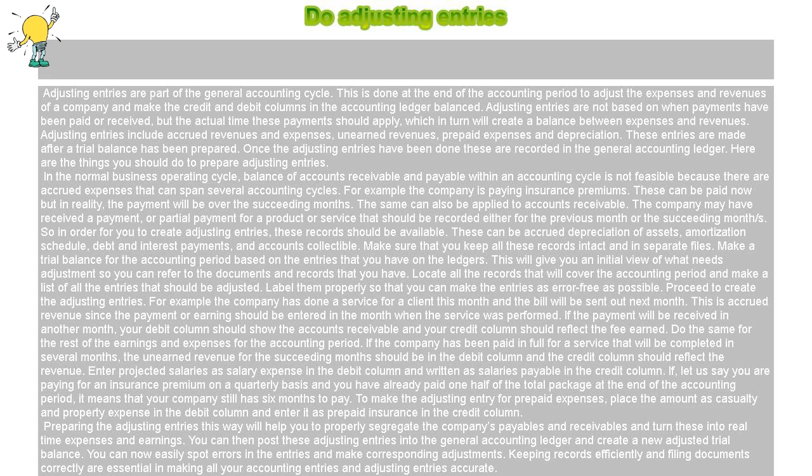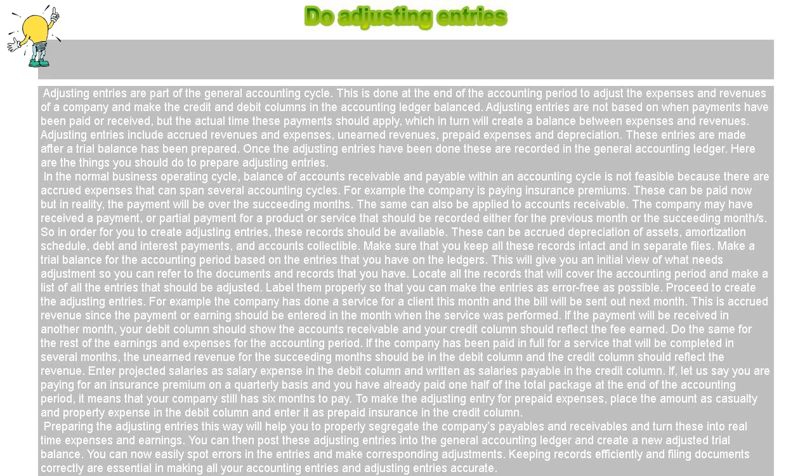Adjusting entries include accrued revenues and expenses, unearned revenues, prepaid expenses, and depreciation. These entries are made after a trial balance has been prepared. Once the adjusting entries have been done, these are recorded in the general accounting ledger.